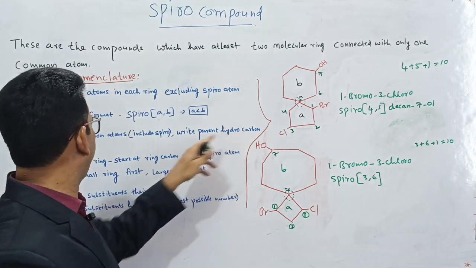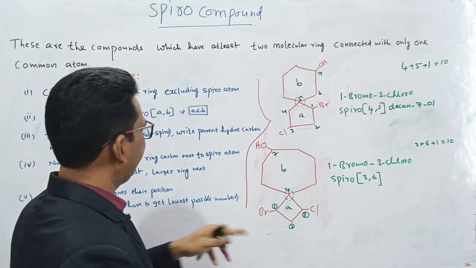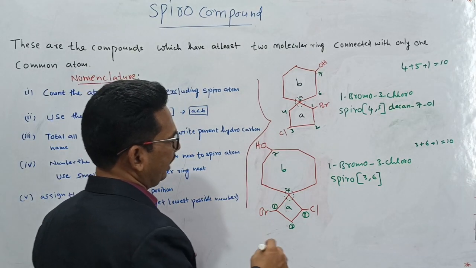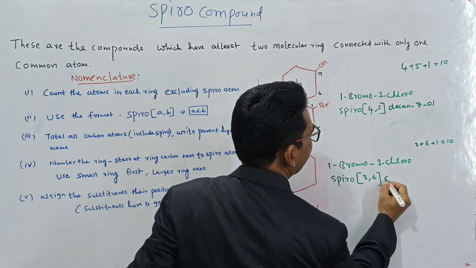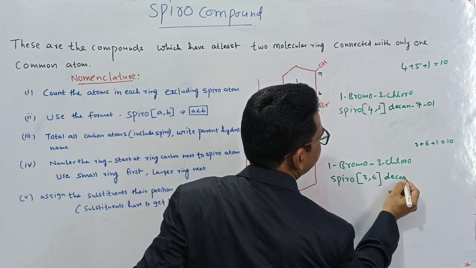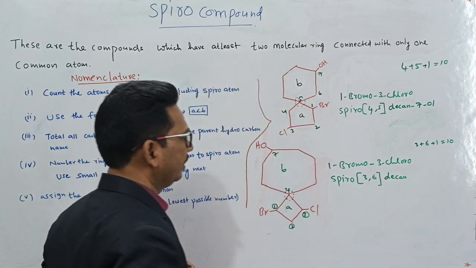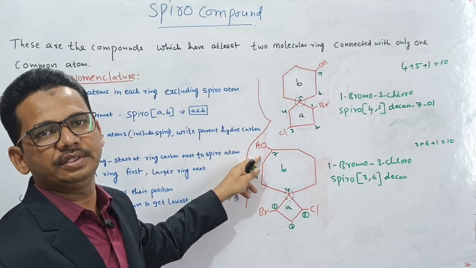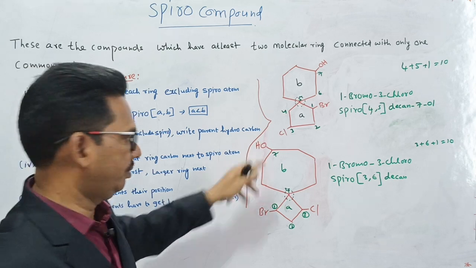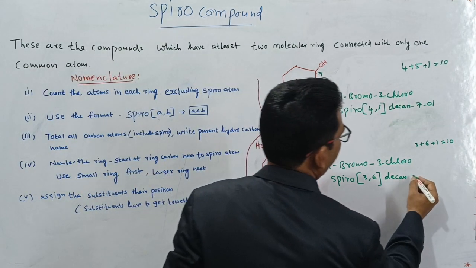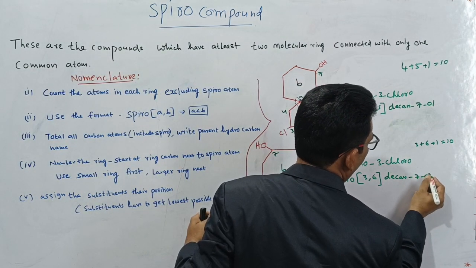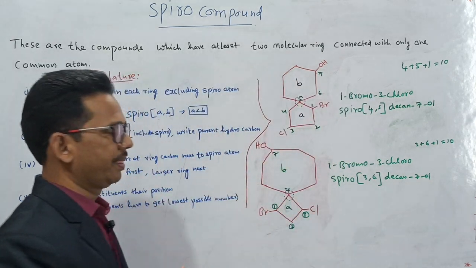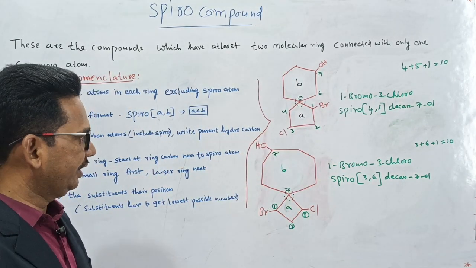The parent hydrocarbon name we have to write after Spiro. The parent hydrocarbon name is decane. Now we have to choose the suffix. At the 7th position, alcohol is there. Ol will come as the suffix. Decane, 7, ol. I hope you understand this.